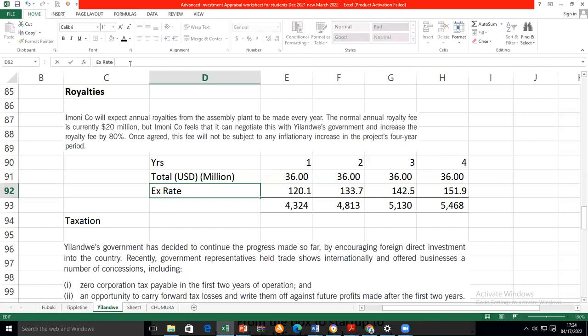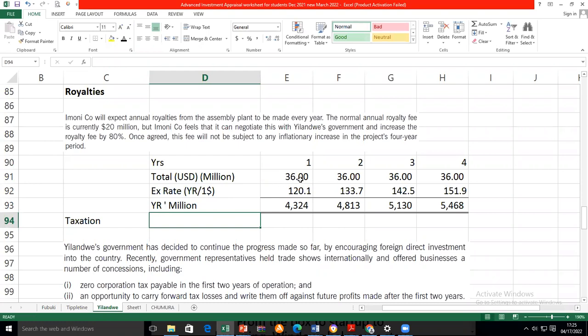Which exchange rate are you using? You see, YR on a single. So this is now in YR million.